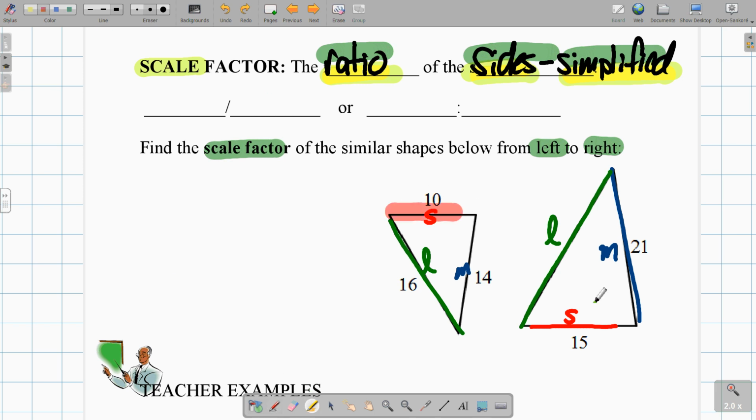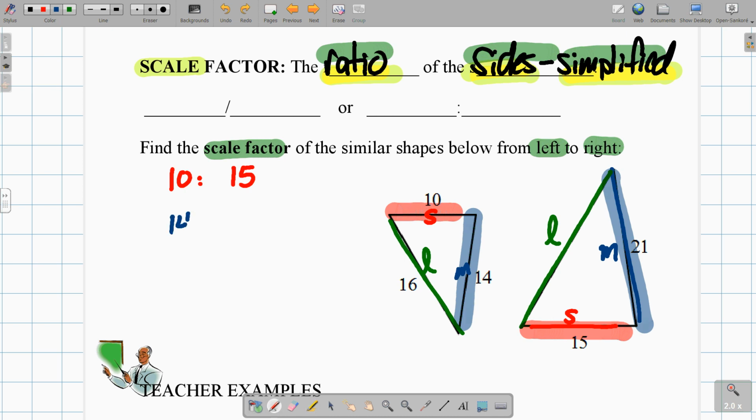You must match the corresponding sides to get my ratio. So I'm going to go short to short, 10 to 15. Medium to medium, 14 to 21. Reduce. Both of these are divisible by 5.